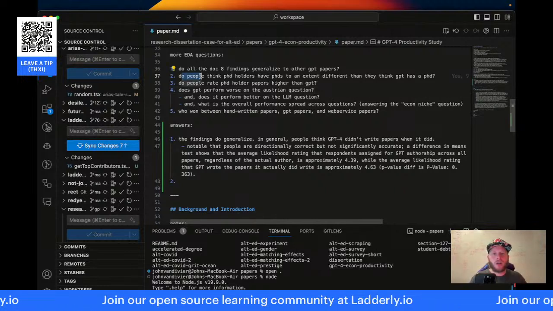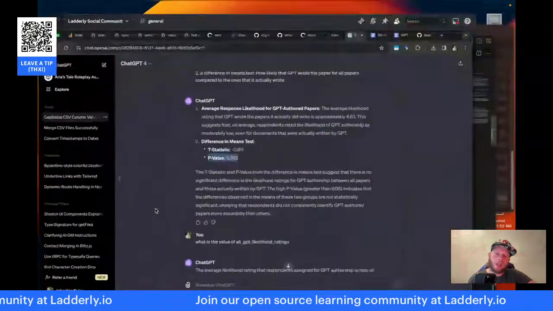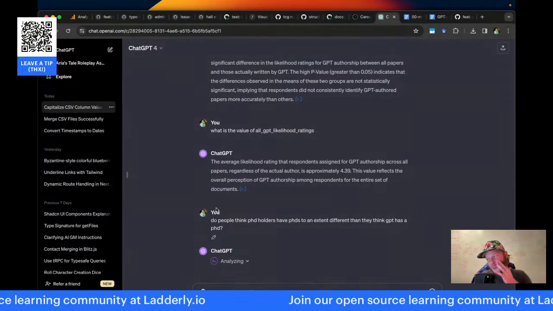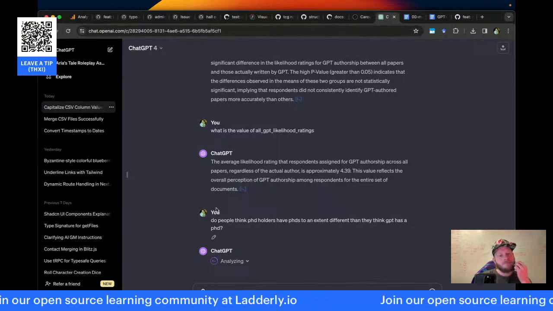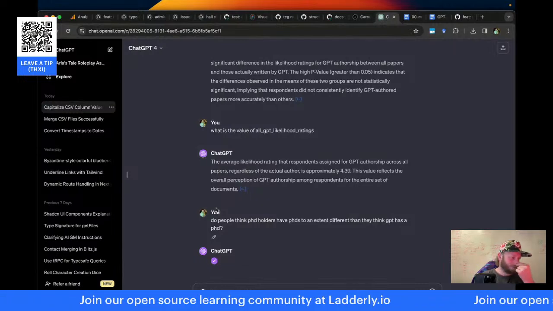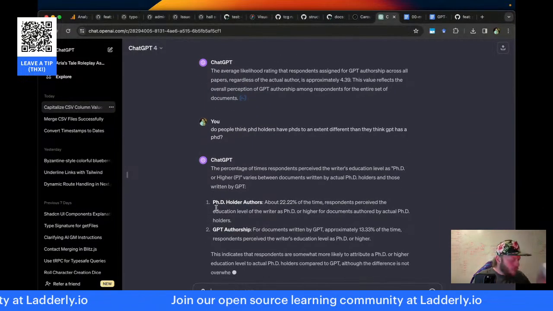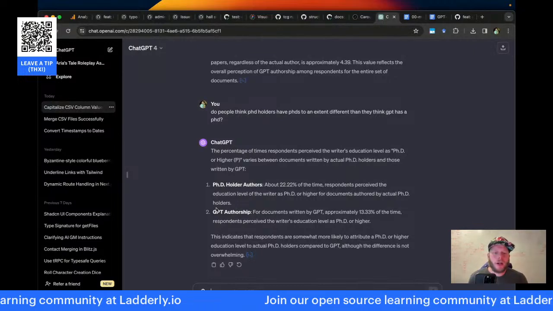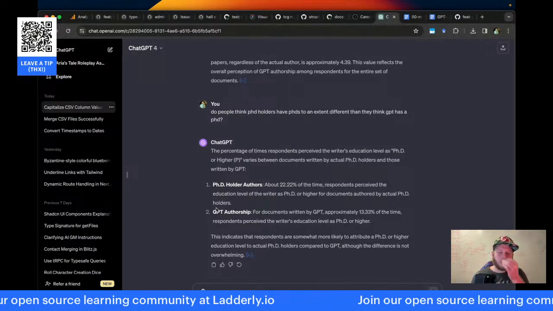Two, do people think that PhD holders have PhDs to a different extent than they think GPT has a PhD? Let's just outright ask it. It might be able to directly answer that. For PhD holders, about 22% of the time, respondents perceive the education level. This is great.